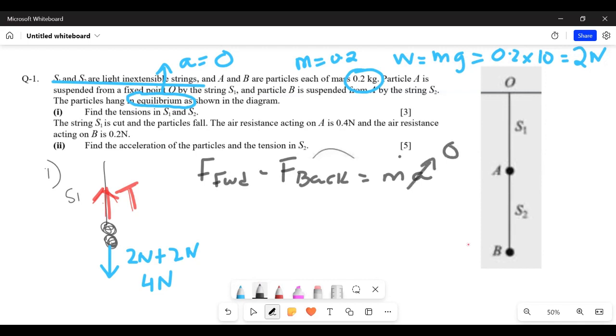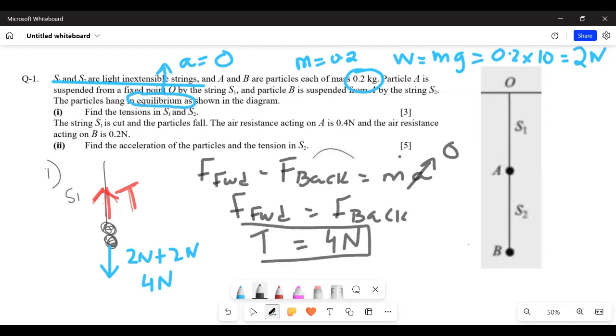This is 0. So then we have forward force equals backward force. You can call any of these forces forward, any of these forces backward, because it's not moving. So I'm going to say T equals 4 N. This is the value of tension in string S1.